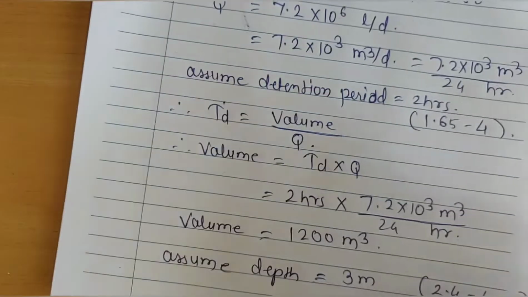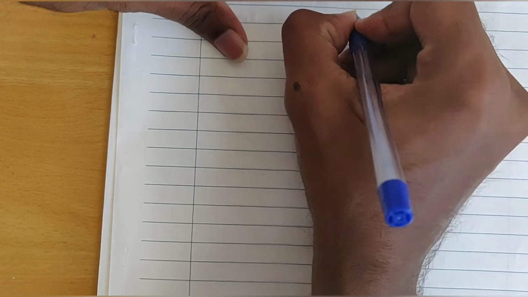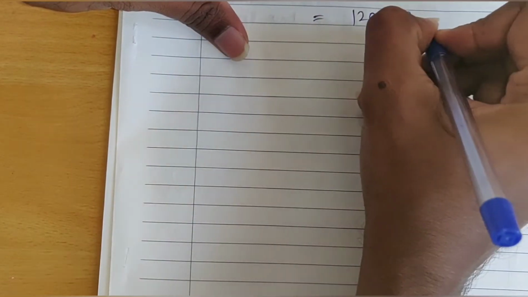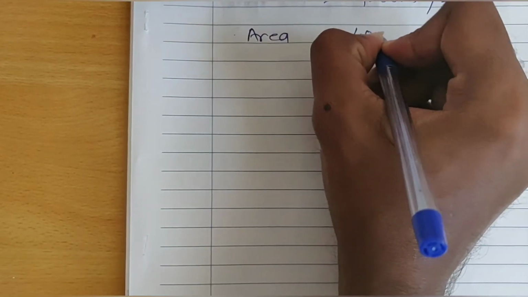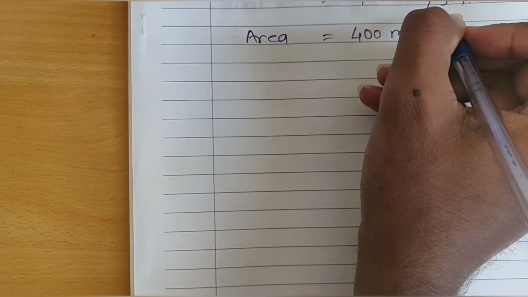The volume is 1200 meter cube and depth is 3 meter. Then we will get the value of area as 400 meter square.